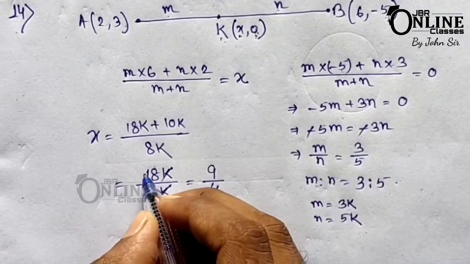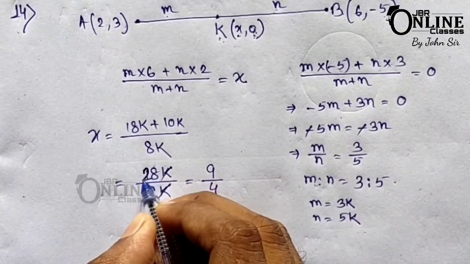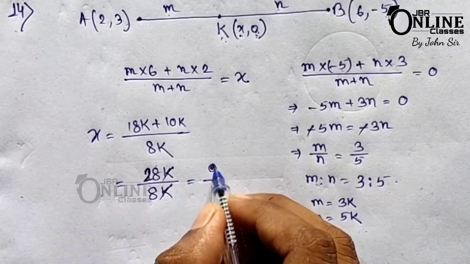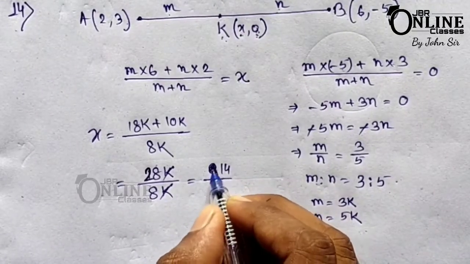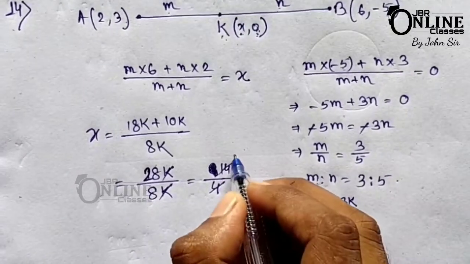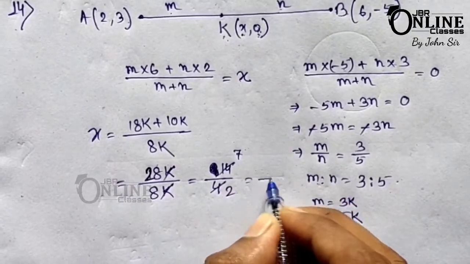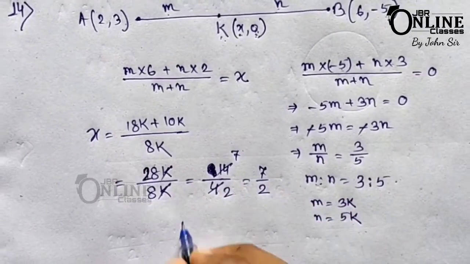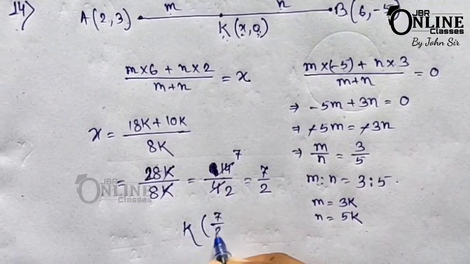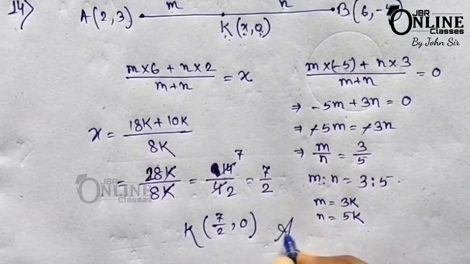Sorry, it's not 18, it's 28, very sorry. So 28k divided by 8k, k cancels out, so 14 by 4, then cancelling by 2, 7 by 2. So the final answer is 7 by 2. That means the coordinate of point K equals (7/2, 0). That is the answer.